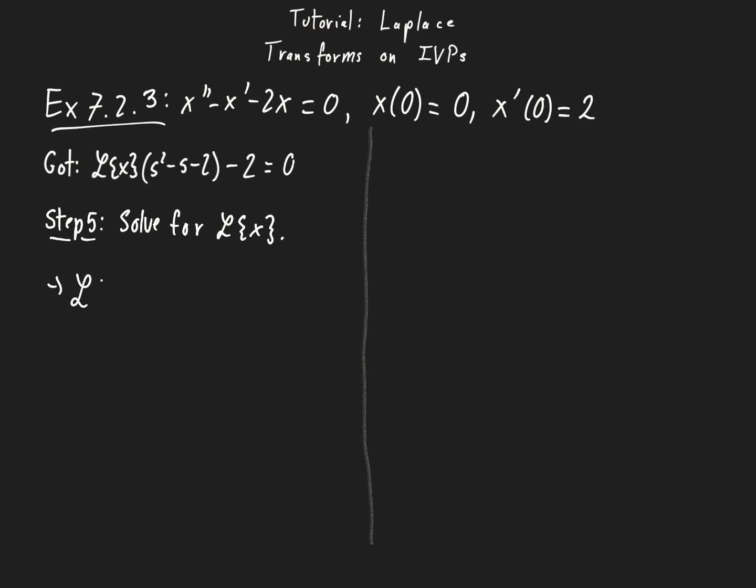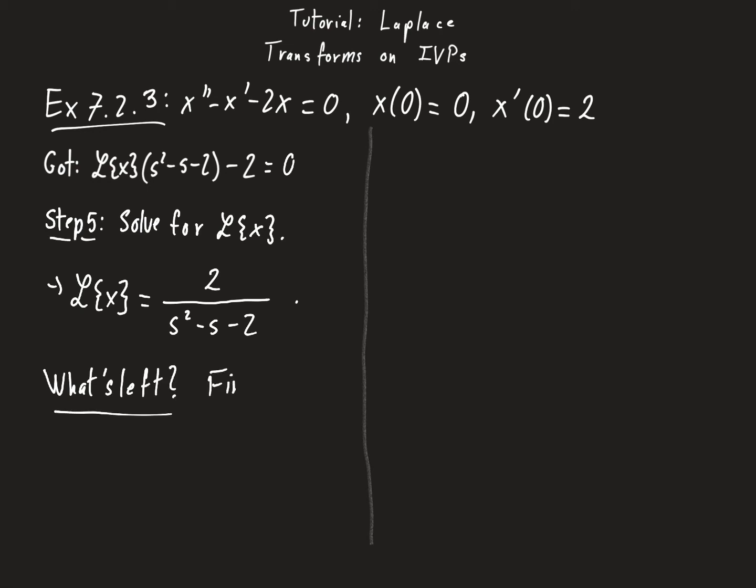Here we will quickly see that the Laplace transform of x is equal to 2 divided by s squared minus s minus 2. Alright, this brings us to the last stage. What's left is to find the inverse transform.